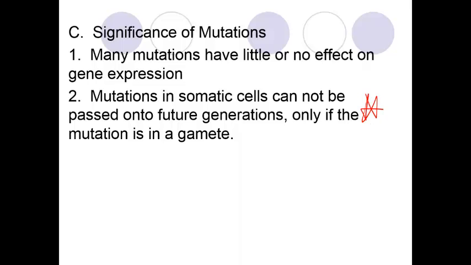So people who do a lot of sun tanning and maybe get melanoma, skin cancer. If that skin cancer is from the extra exposure to the sun or the tanning bed, whatever it might be, then that's not part of their gamete.